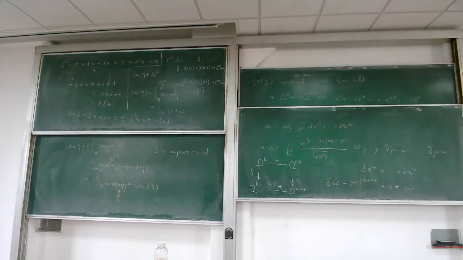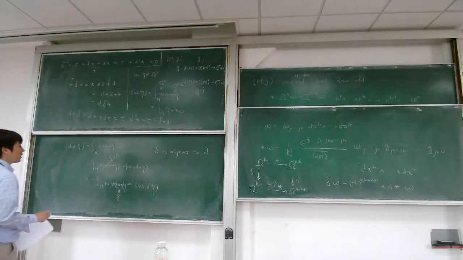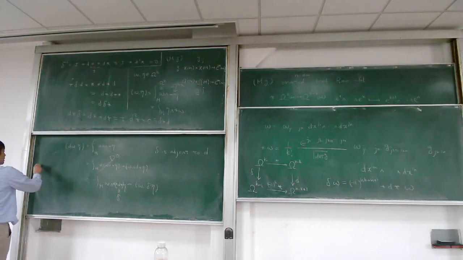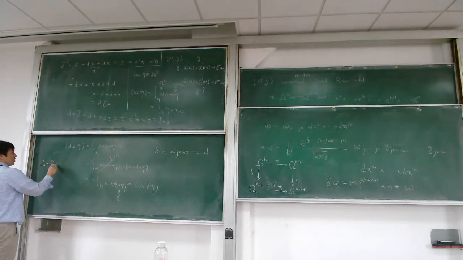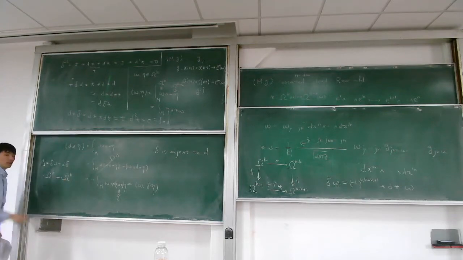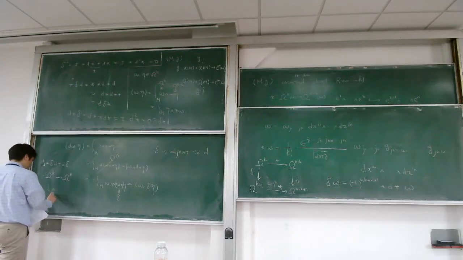It's just dual. And in particular, one can define the capital delta, delta d plus d delta, which maps omega k to omega k. Okay. So this is called the Laplace-Beltrami operator.